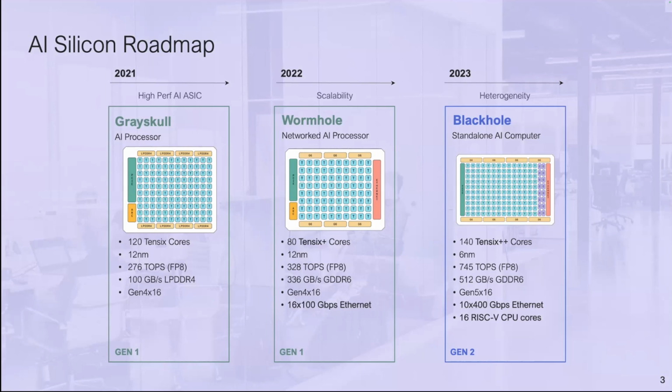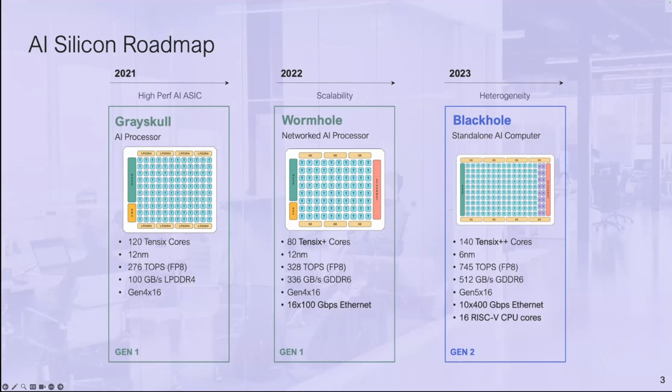So that's where today's stuff comes into play, Blackhole, where we're looking at heterogeneity. Now we are in the land of 140 Tensix cores. The other part of Blackhole is you may have noticed we went from a 12 nanometer to a 6 nanometer process, so we're getting even better compute acceleration there.